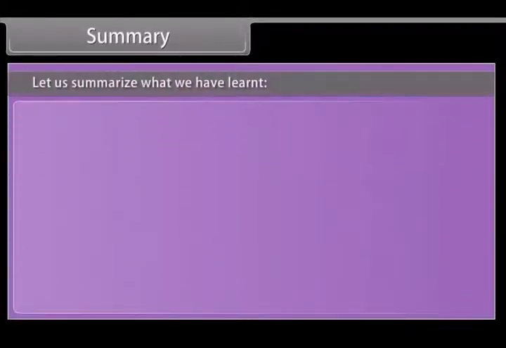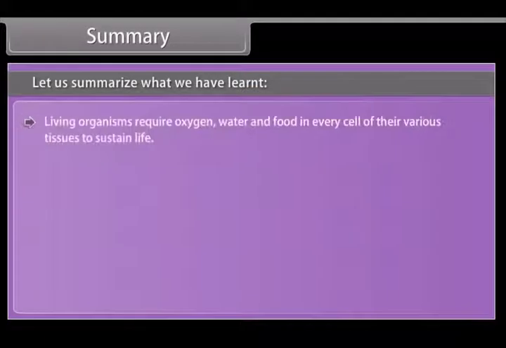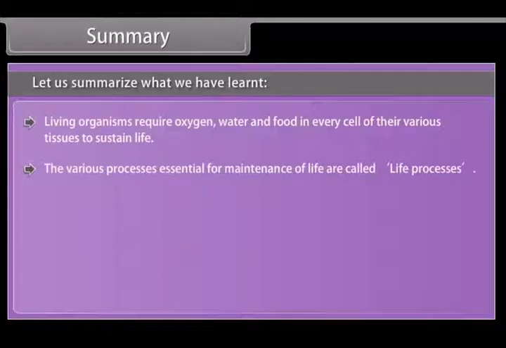Summary. Let us summarize what we have learned. Living organisms require oxygen, water, and food in every cell of their various tissues to sustain life. The various processes essential for maintenance of life are called life processes.